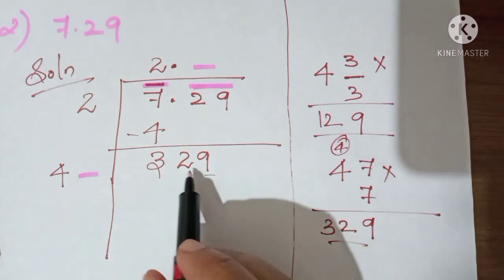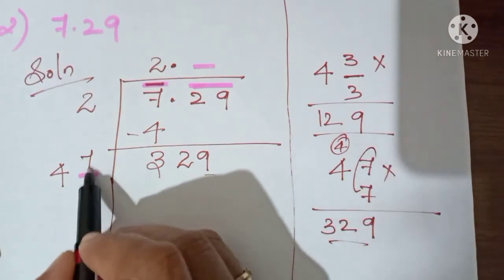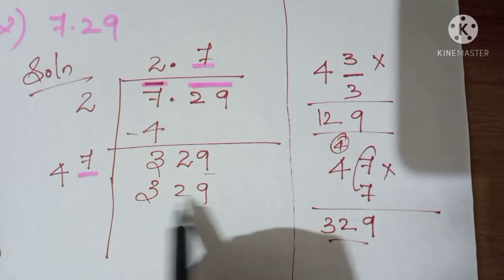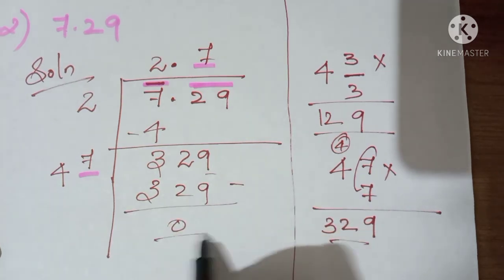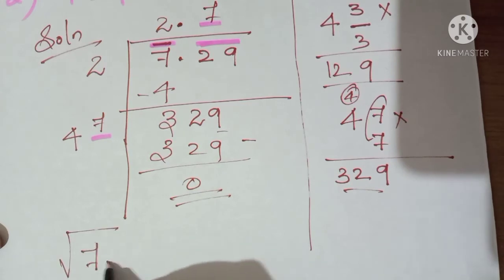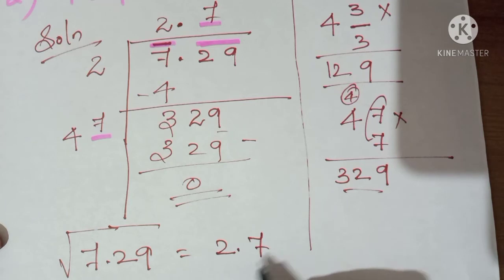So we got the same number, right? So what will you write here? This 7. Here also we will write 7 and 3, 29. 329 minus 329, 0. Now what is the square root value for 7.29? 2.7 is the answer. Is it clear, children?